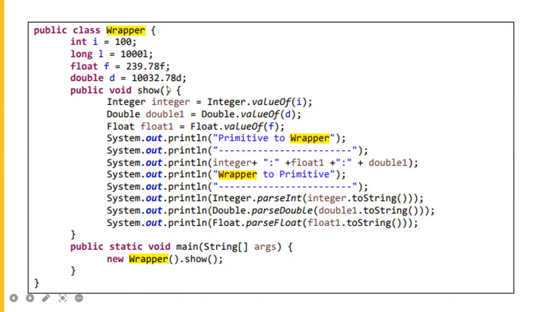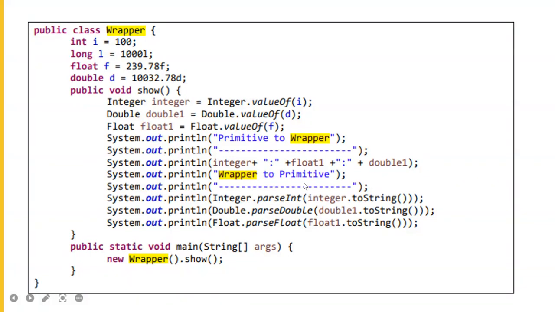Let's say I have used one method called show. Integer is what type of class? It's a wrapper class. How do we convert the value of i? i is a primitive. We are converting it into Integer. Same thing, double we are converting, float we are converting.